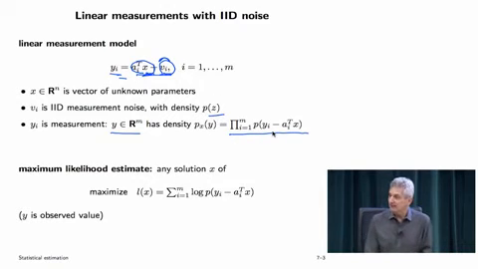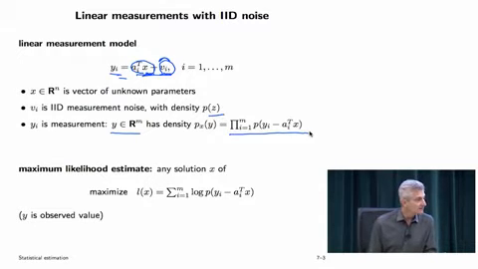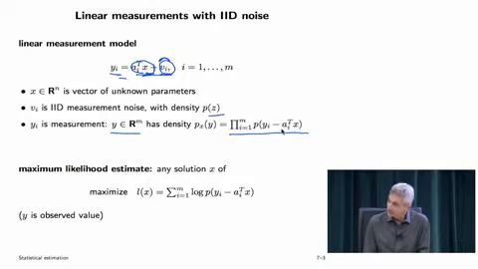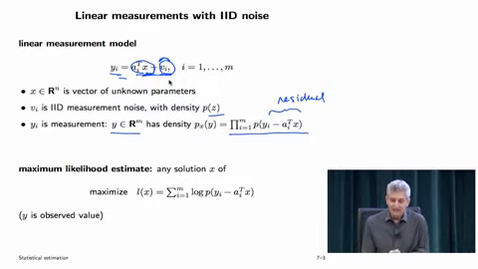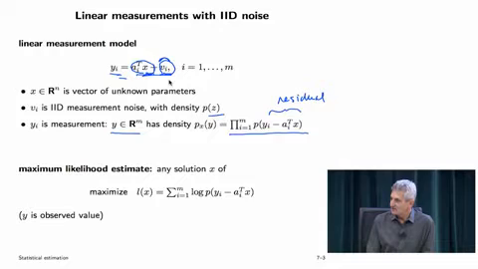It's the product because they're independent, and y_i minus a_i transpose x is exactly v_i, the value that v_i had, and you simply take the product of the densities because they're independent to get the density of y, the vector, right? So that's the idea. By the way, other people would call this the residual, and the residual here is in fact nothing but the noise, right? So that's another way to think of this.